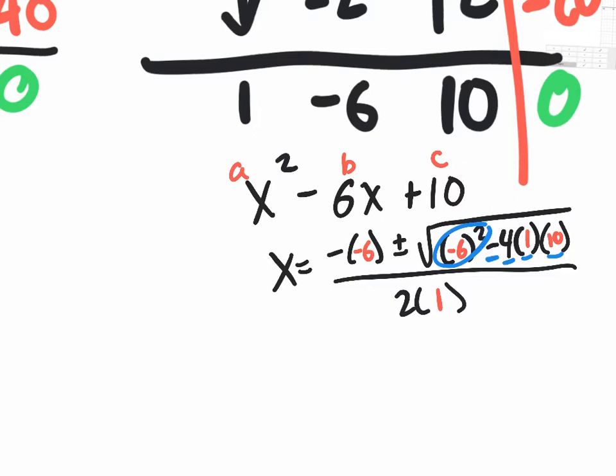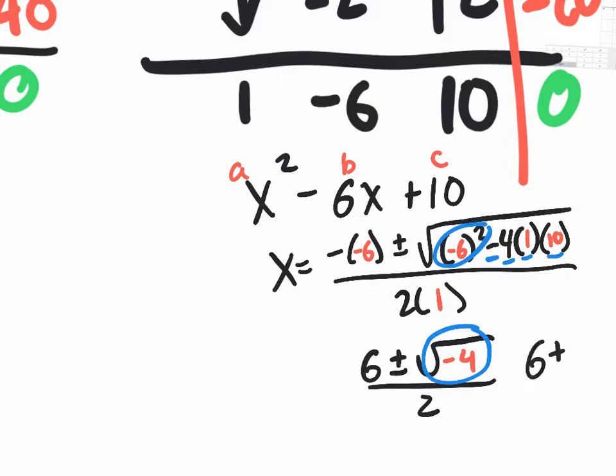So 36 minus 40 is -4, all divided by 2. What is the square root of -4? 2i. So we really have 6 plus or minus 2i, all divided by 2.